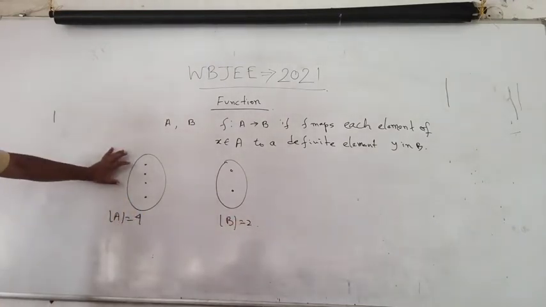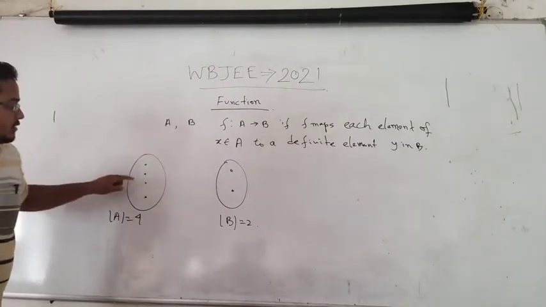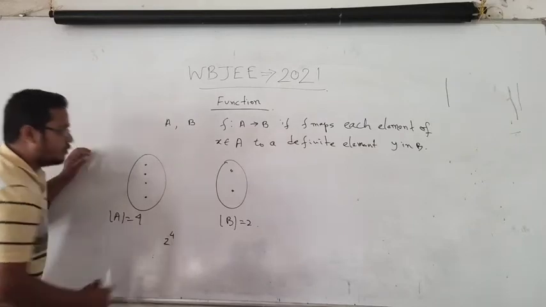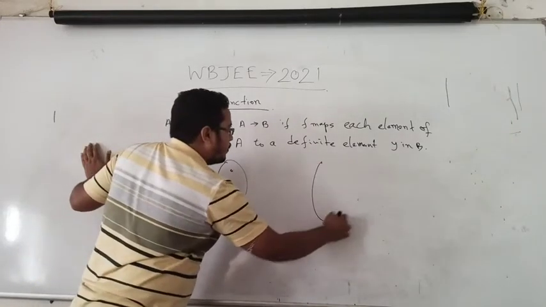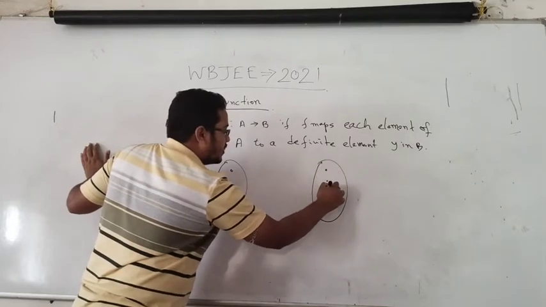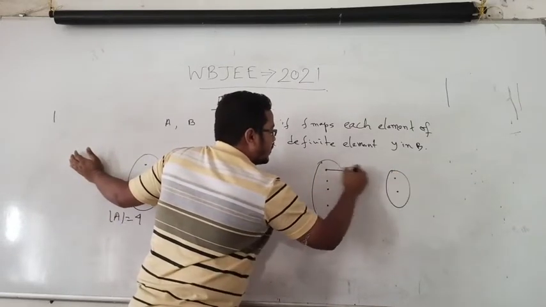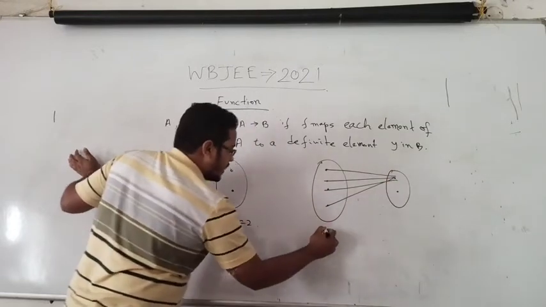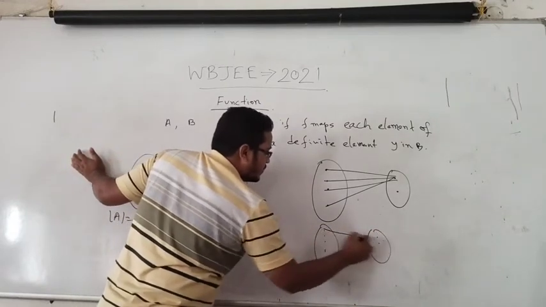Then obviously each of these elements has 2 possible ways, this has 2, this has 2, this has 2, therefore the number of all possible functions is 2 to the power 4. And the cases when f will not be an onto function are these 2 cases: when all these elements are mapped into the first element, and when all these elements are mapped into the second element.